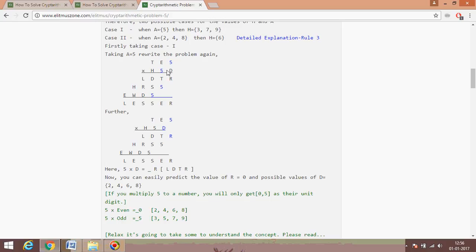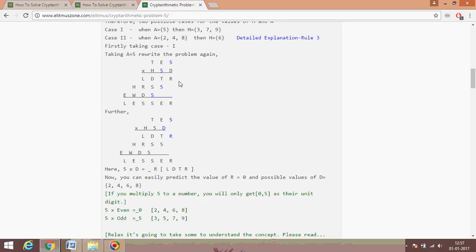See, 5 is the first number, D is the second number, and R is the third number. So in the first case, if you give D any even number, then the possible value of R will be 0. Suppose 5 cross 2 is 10, the last digit will be 0.